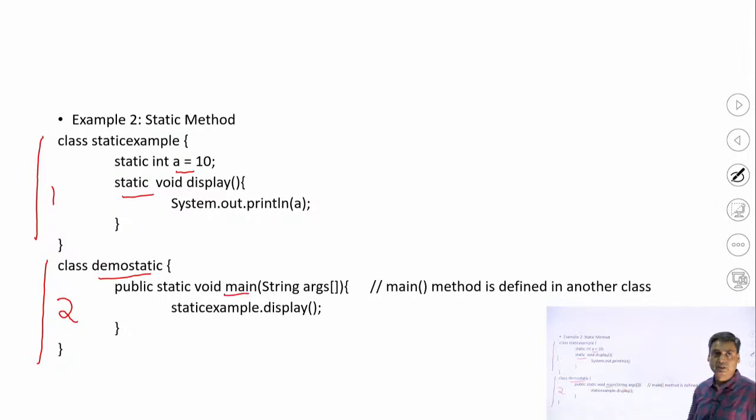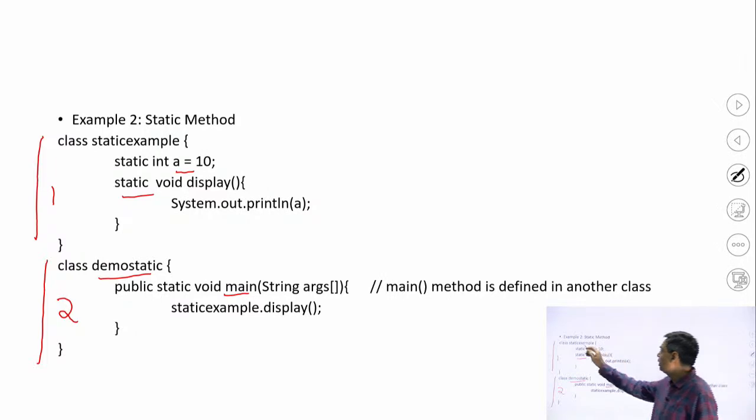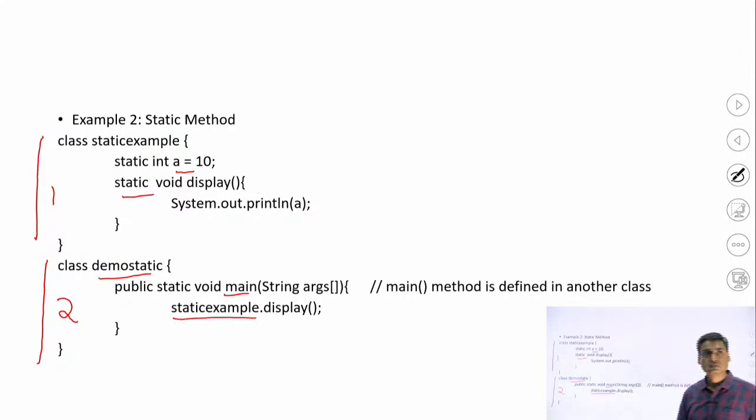Now this is very important. Here we are calling the static method display with the help of the name of the class. Why is it important? Because we are calling this static method outside this class. If you are calling this method within the class, no need to create the object, but if we are calling this method outside the class, then you have to qualify it with the class name.